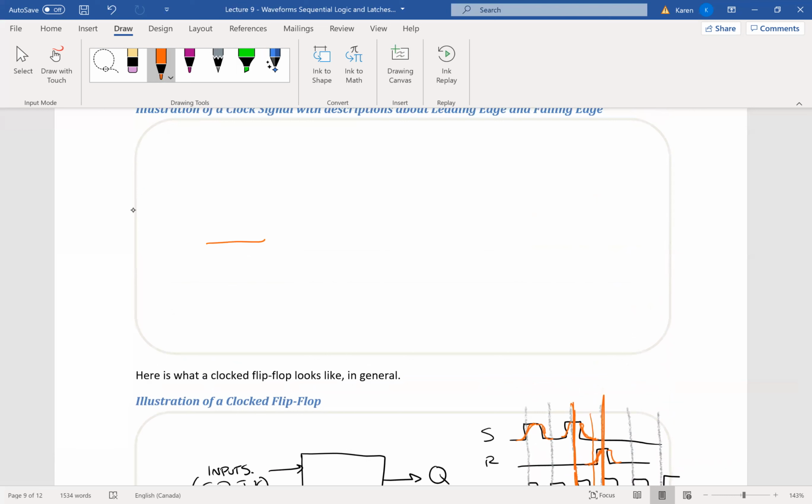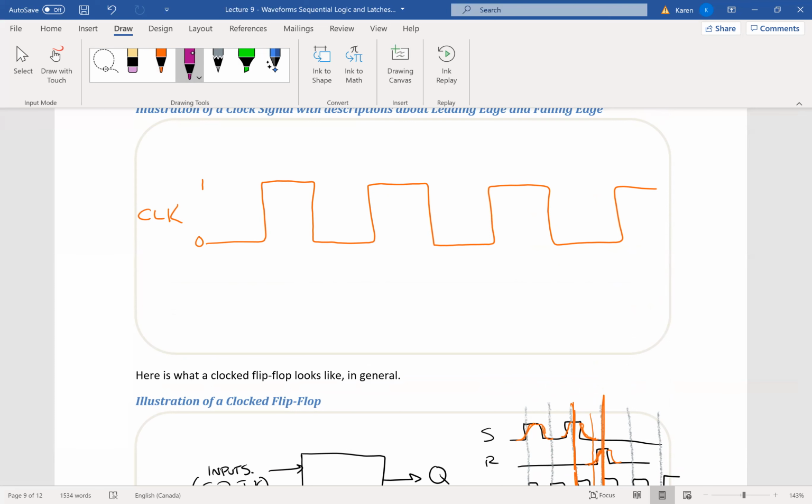So the clock signal needs to be a consistent signal on and off at a certain time. And that makes our digital system a little bit more predictable. It goes from 0 to 1, and it is edge triggered. So this is the rising edge of a clock signal.